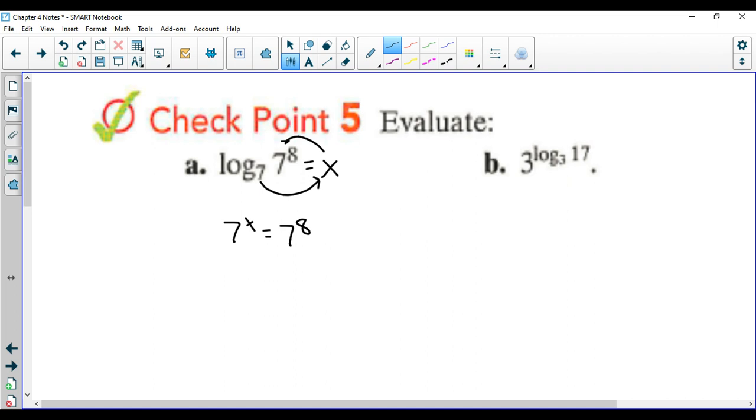So notice we have equal bases here. So we can cancel these out, and we will get x equals 8. So whenever we have the base of our log being the same as the base of an exponent, those just cancel out.